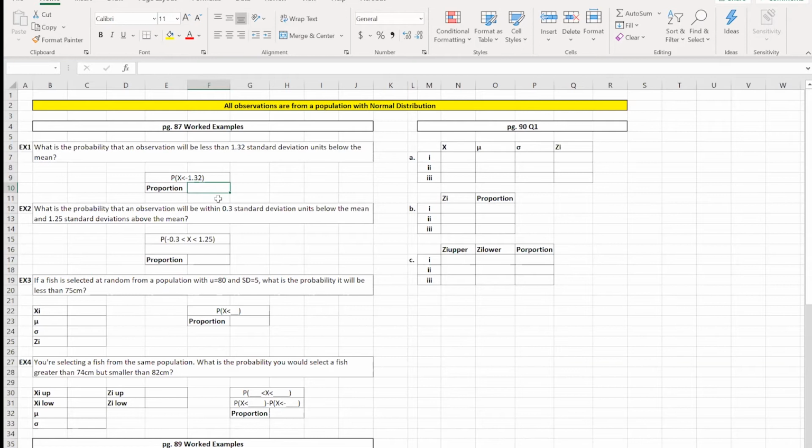So I'm going to our z-score on the left tab, to negative 1.3. And then I'm going across to 0.02. And I find that the probability of a value being less than negative 1.32 is 0.0934.